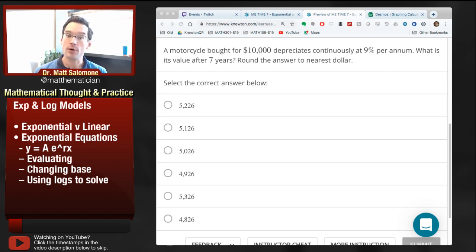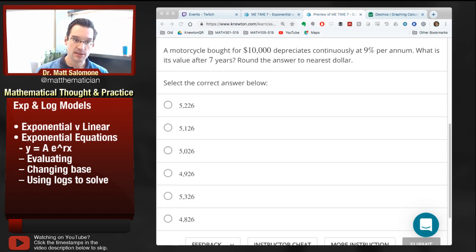And so this motorcycle is such an example. What it's saying here is that this motorcycle is depreciating continuously at 9% per annum. Per annum just means yearly. And they want to know, what is the value of this motorcycle? What is it going to be worth after 7 years? And then they want us to round this answer to the nearest dollar.